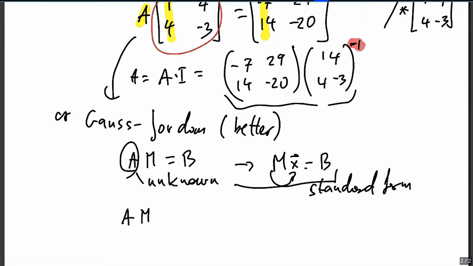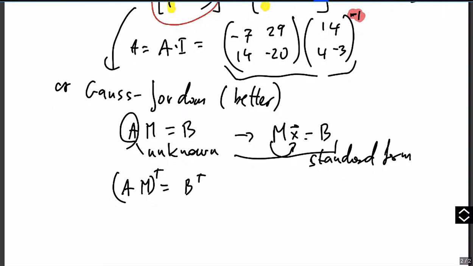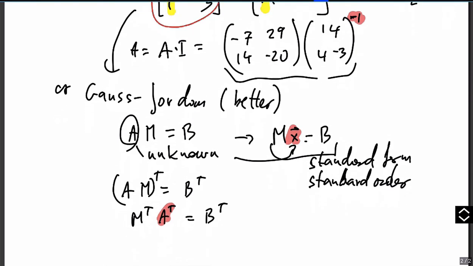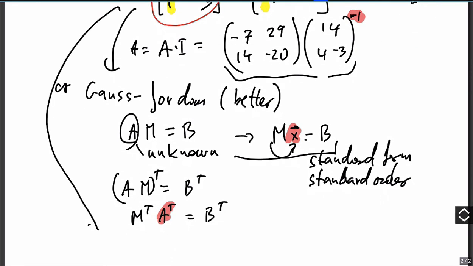If you have AM equals B and you transpose both sides, then you get M transpose A transpose equals B transpose, and now this has the form MX equals B, where the unknown is on the right hand side of the matrix. So this is the standard order, at least for me. It's fine if you do it the way it is written, but I just prefer to do it this way.